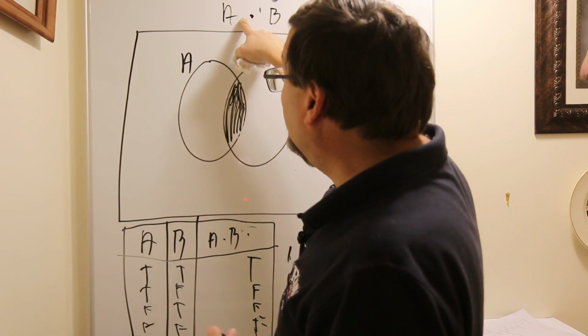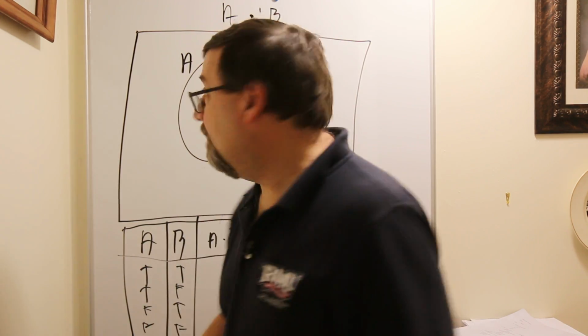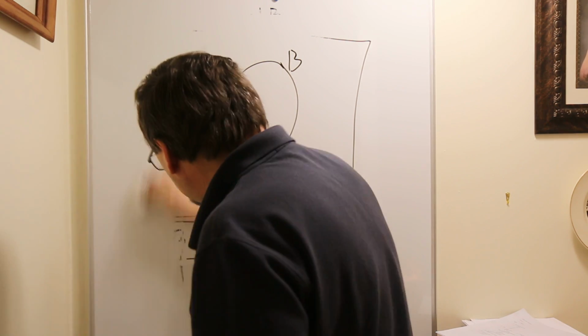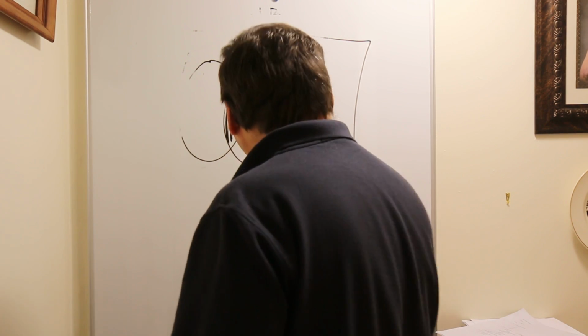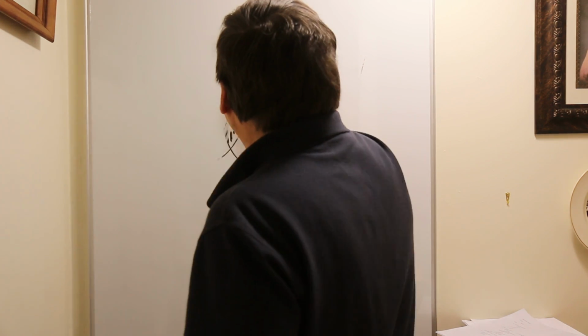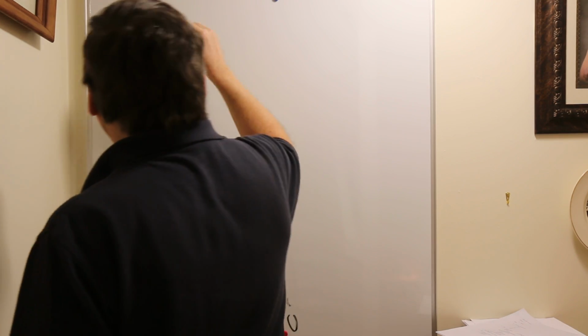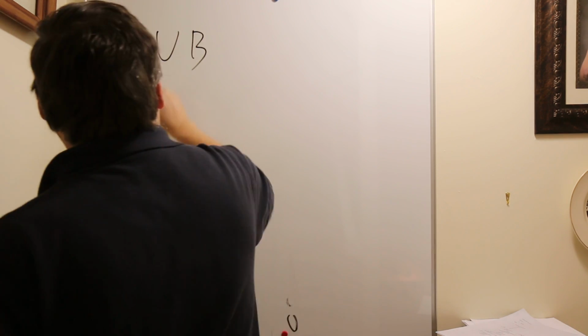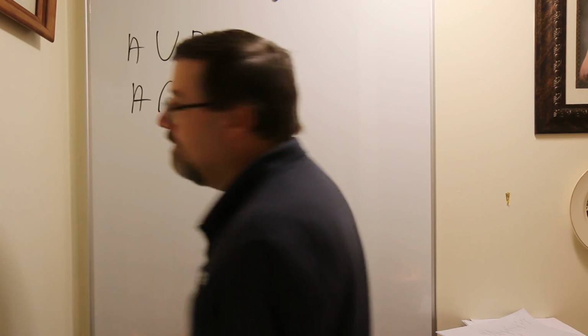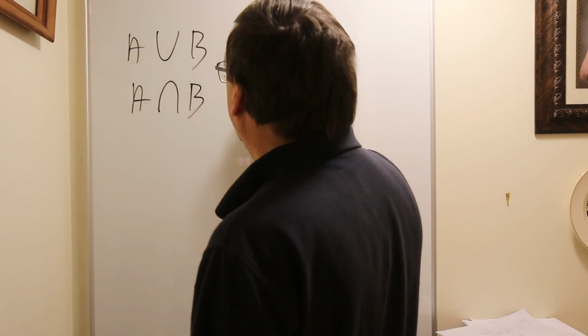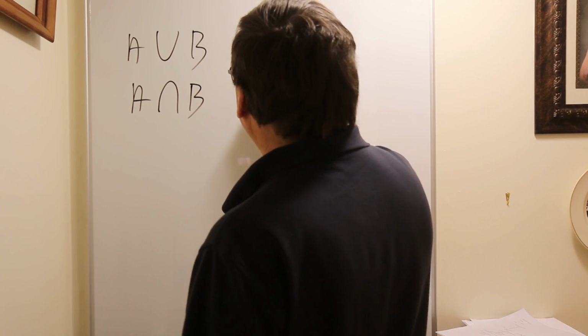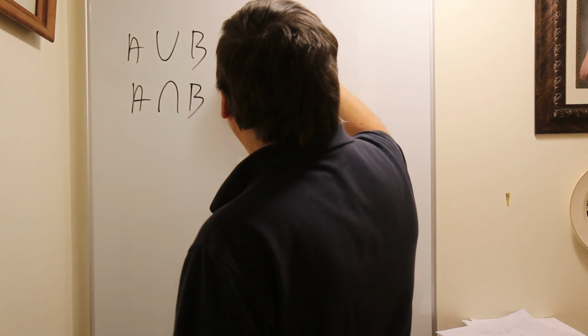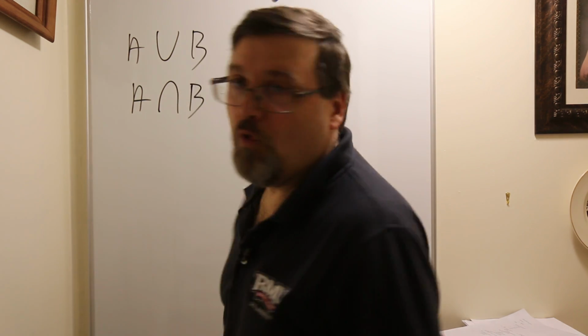Now, we're doing ands and ors, and if we're doing sets, instead of ands and ors, we do unions and intersections, but they're ands or ors. And of course, it's A union B and A intersect B. And that would be the same as the intersect is the and, the union is the or.